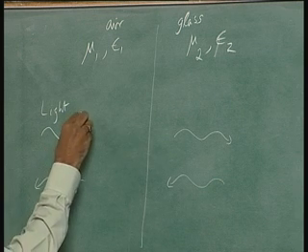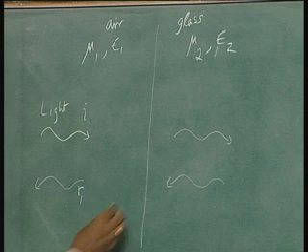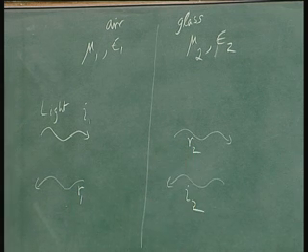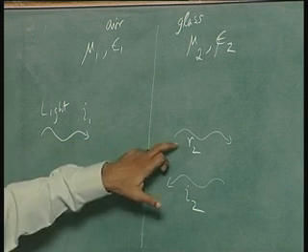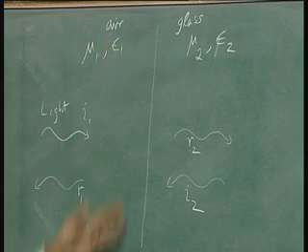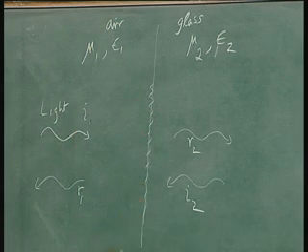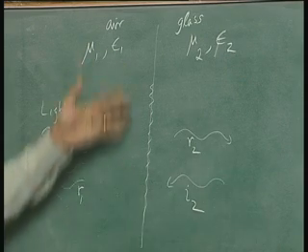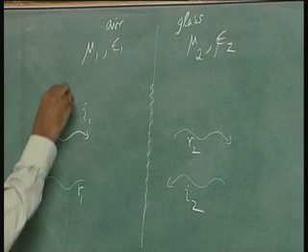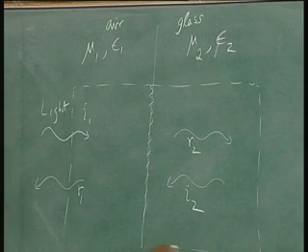You have the incoming one, the reflected one, the incoming 2 and the reflected 2. These are the 4 waves that are present. And of course, you do not know exactly what is happening at this interface. Maybe the interface has a few cracks, maybe it has some non-ideal properties. So, this interface is not known. We idealize it as a perfect lossless region.